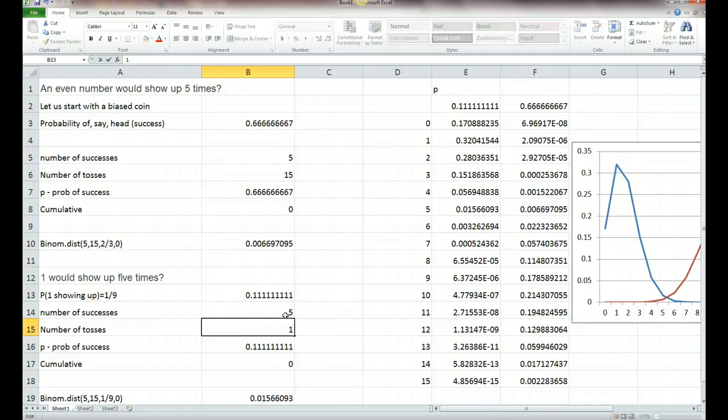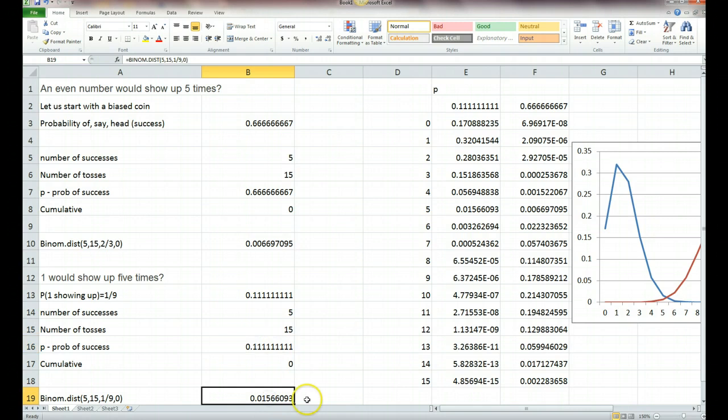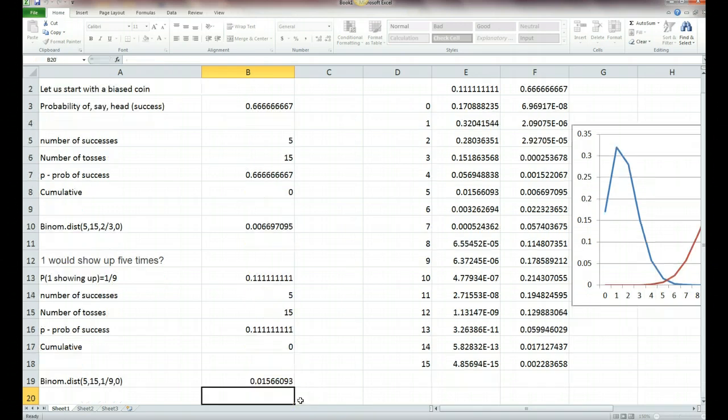I'll just correct that. The probability of success again is 0.1111, and in the binomial distribution the numbers are the same: number of successes 5, number of tosses 15, probability of success 1/9, which is what we just calculated. Again, we are not calculating a cumulative number, so that is 0.